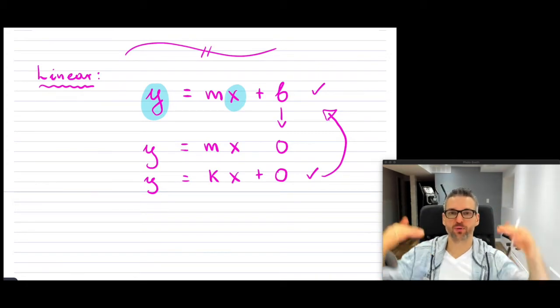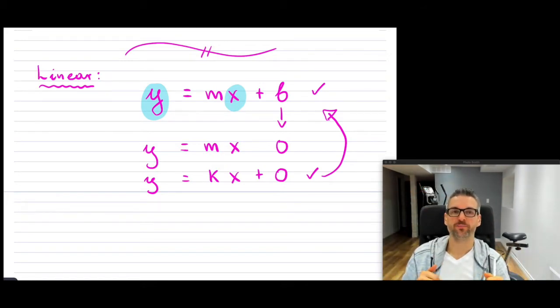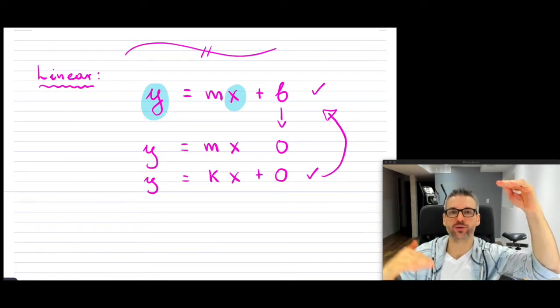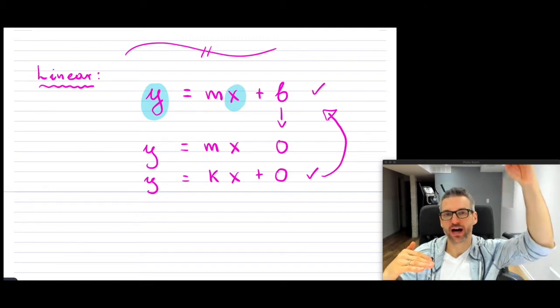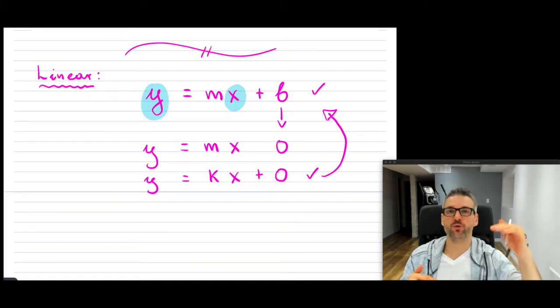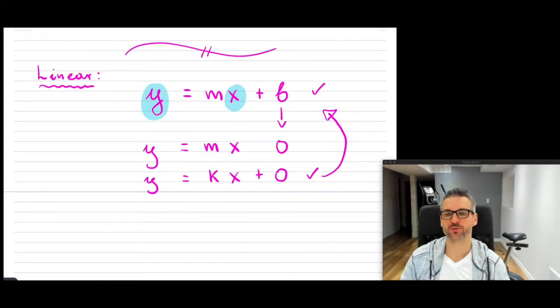Now, with an inverse proportion, the opposite happens, meaning that if one is increasing by 2, the other one will decrease by 2. If one increases by 5, the other one will decrease by 5, or vice versa. If one decreases by 2, the other one will increase by 2. So that's what will happen.